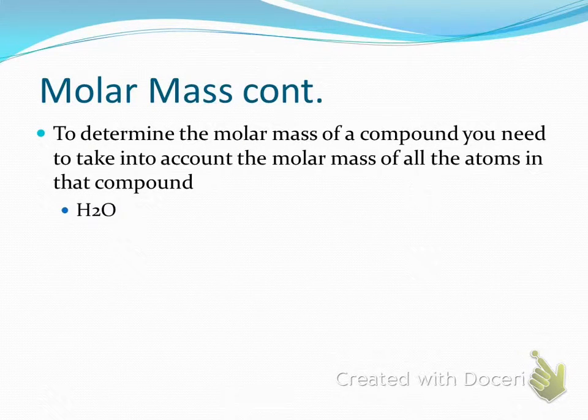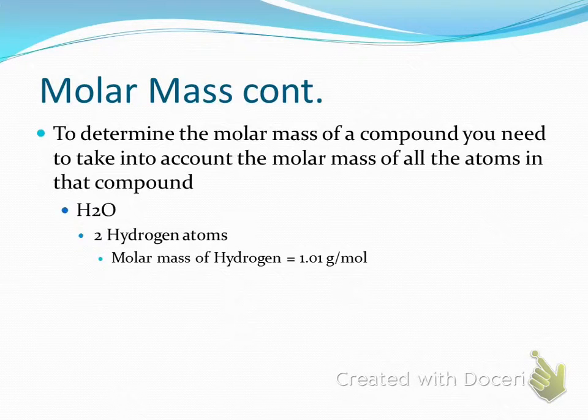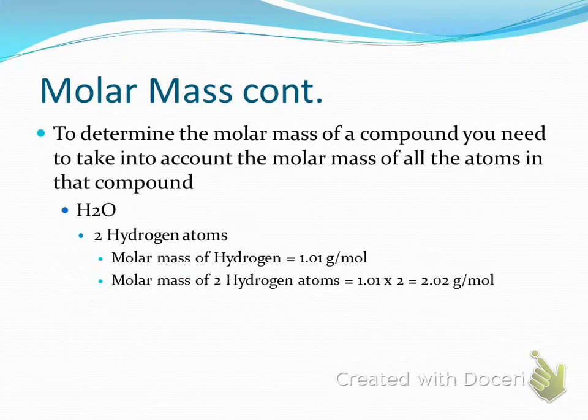If we look at water, the compound water, which is H2O. In that compound, we have 2 hydrogen atoms and 1 oxygen atom. We're looking at molar mass here, so we're going to find out the mass in grams of one mole of this substance. We're going to find the molar mass of hydrogen, which we know is 1.01 grams per mole.